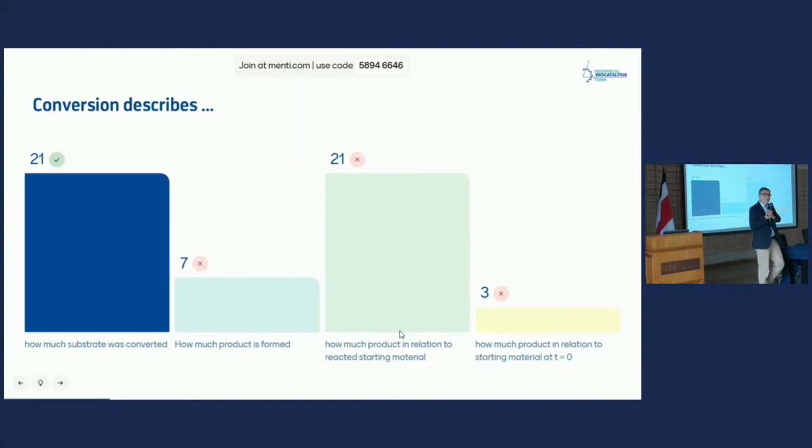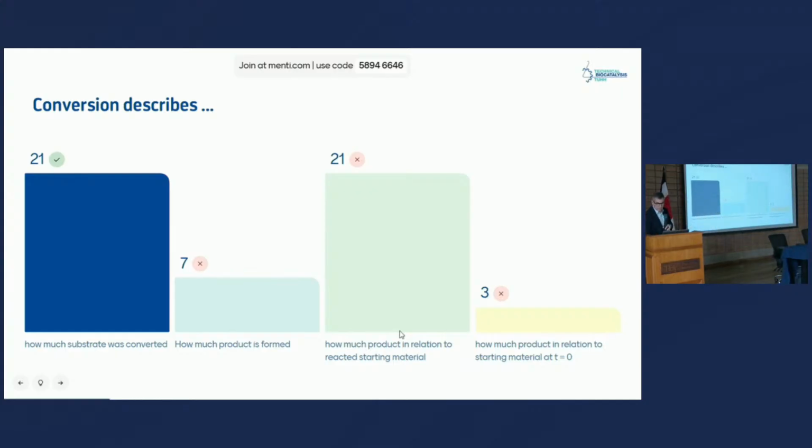Conversion does not care for product or side product. It's just how much has reacted away. And by the way, if you determine enzyme activity, you might remember it's micromole per minute. That's never addressing how much product is being formed by the reaction of the enzyme or the cell. It's always how much substrate was converted. So that's conversion.